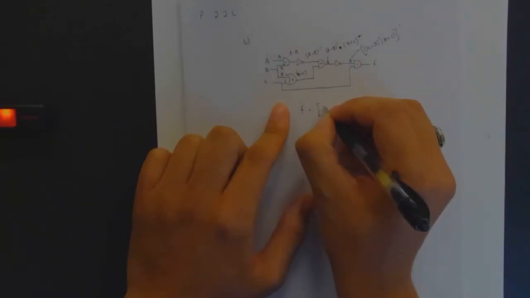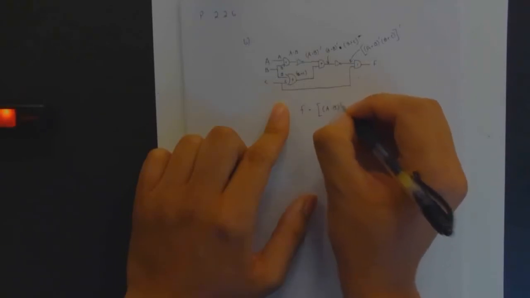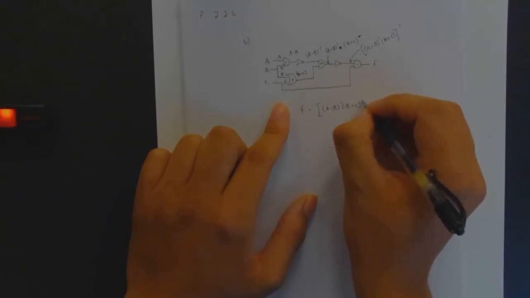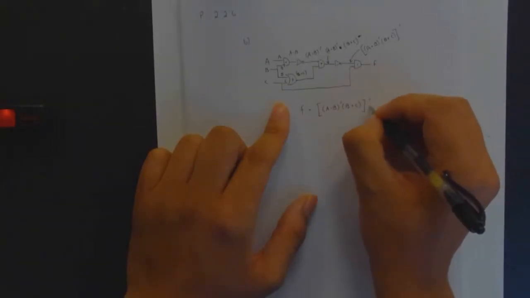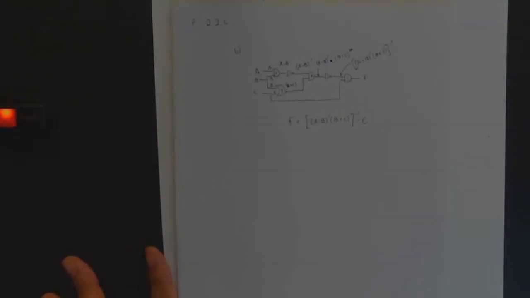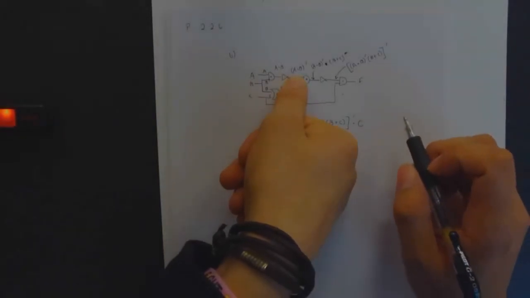And then finally, we have a final AND with C. So F is, so that is our final equation for this circuit. And you can go further.